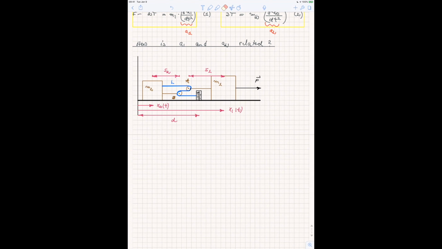the location of mass m1, x1, and the location of mass m2, x2 are undoubtedly functions of time here.